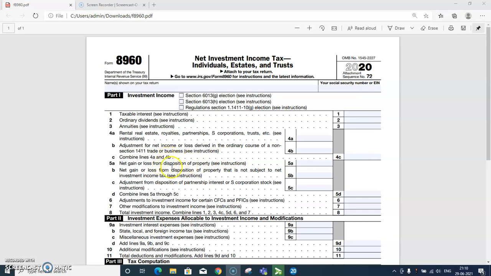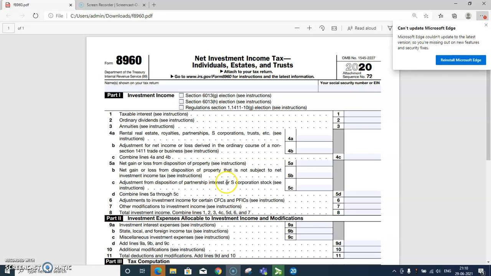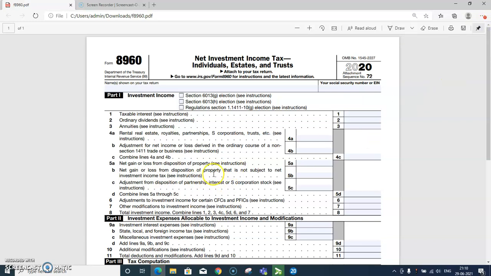Now coming to 5A, net gain or loss from disposition of property. Net gain or loss from disposition of property that is not subject to net investment income tax. So you have to combine line 5A through line 5C.